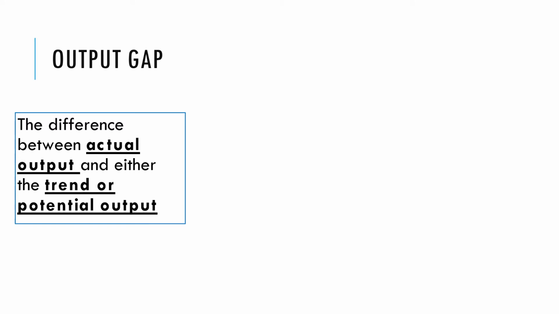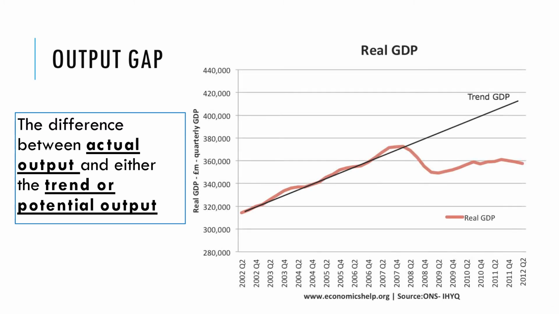Now, an important concept for us to understand is that of an output gap. An output gap is where there is a difference between the actual output and either the trend or potential output. If you have a look at the UK economy, we can see that between 2002 and 2008, real GDP is indicated by the red line.